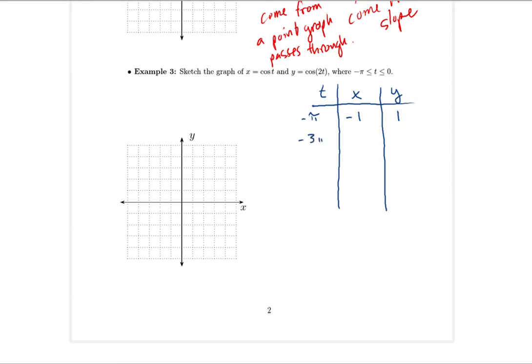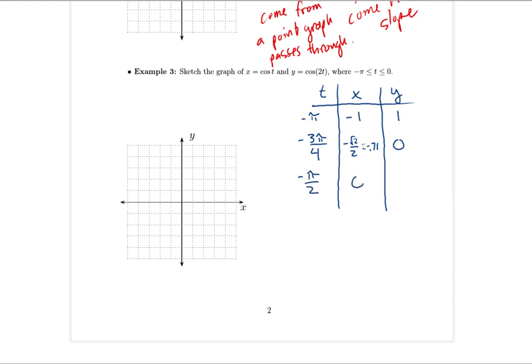So negative 3 pi over 4. If I plug that into here, I get negative root 2 over 2, which is about negative 0.71. And then here, I'm going to say 2 times negative 3 pi over 4, so that'll be negative 3 pi over 2, which gives me a cosine of 0. And then we'll try negative pi over 2 maybe.